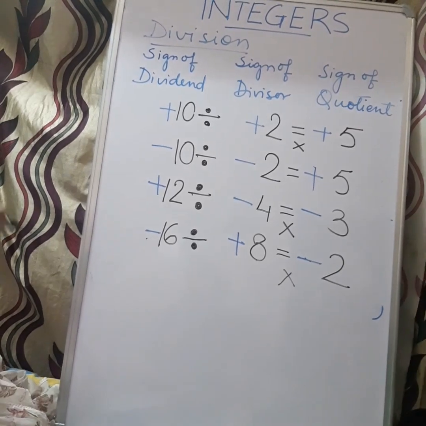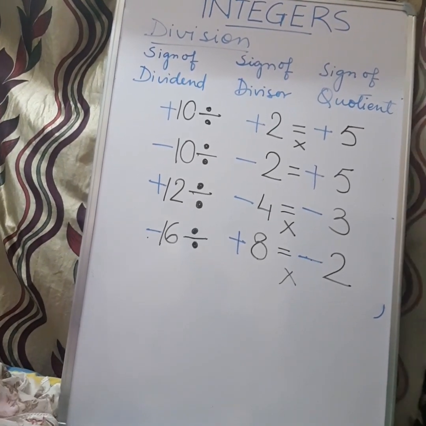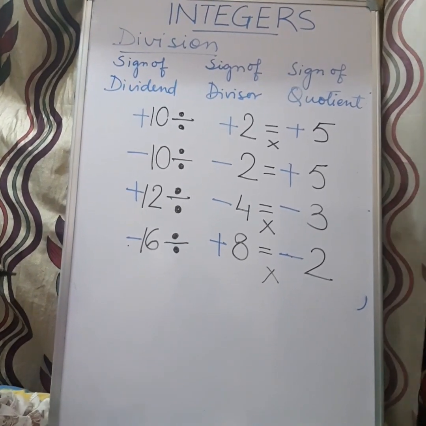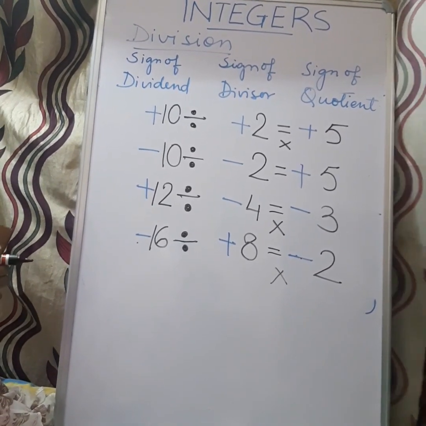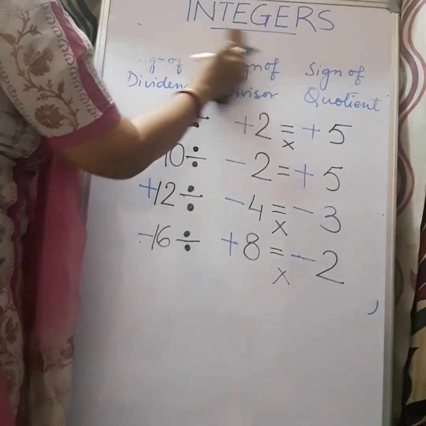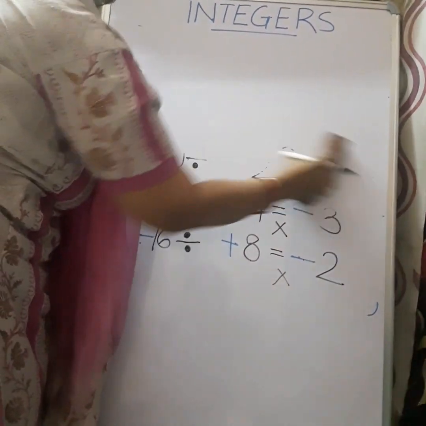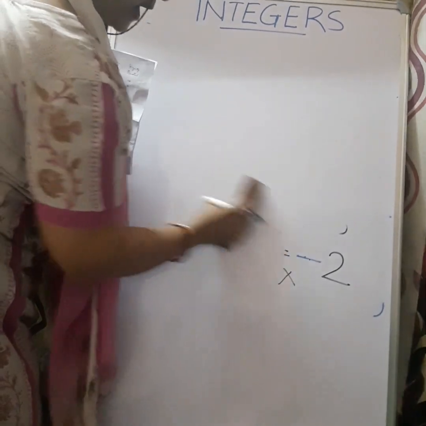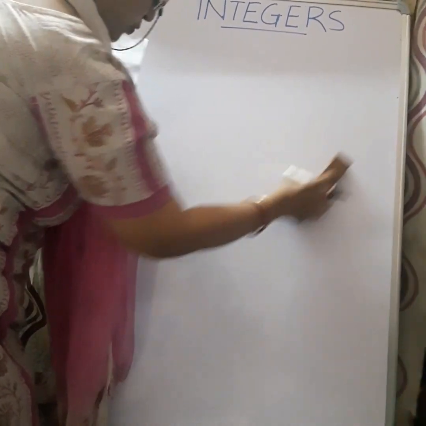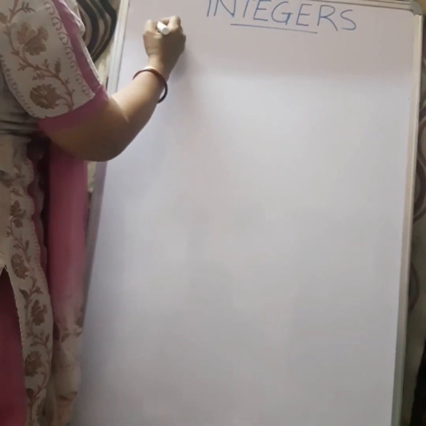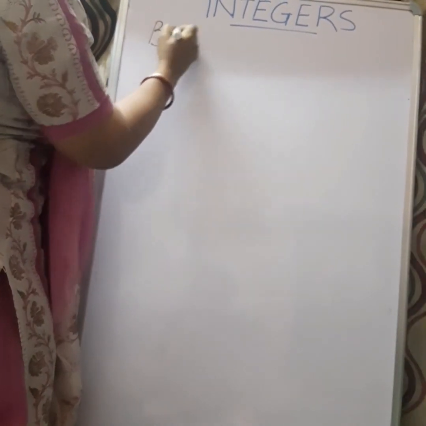Now for simplifying integers or simplifying any number, we have a rule called the BODMAS rule. What is the BODMAS rule? B stands for bracket, O stands for of, D stands for division.